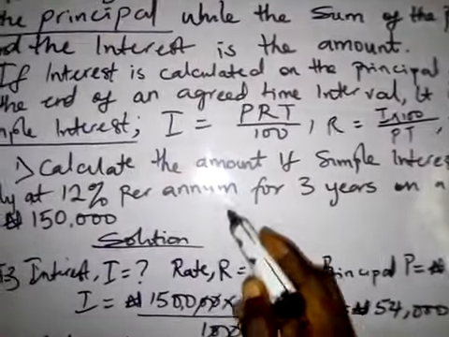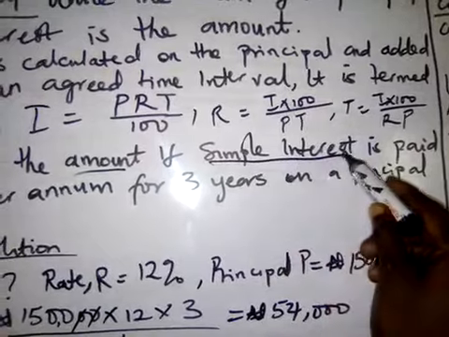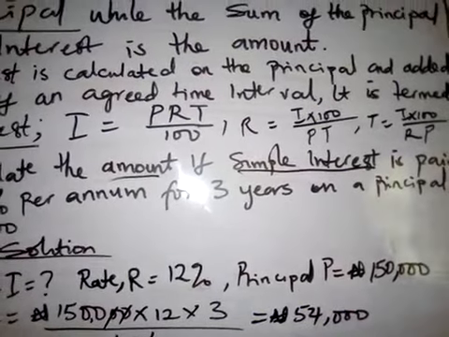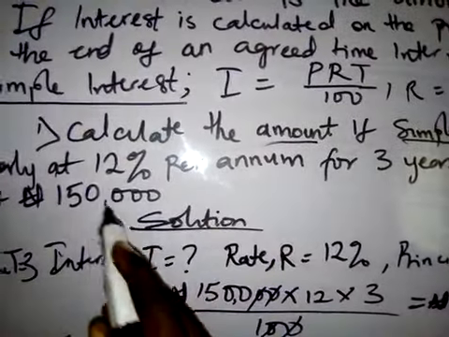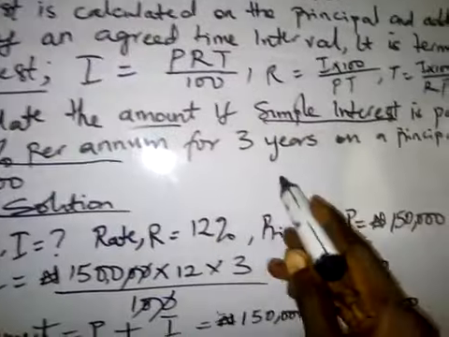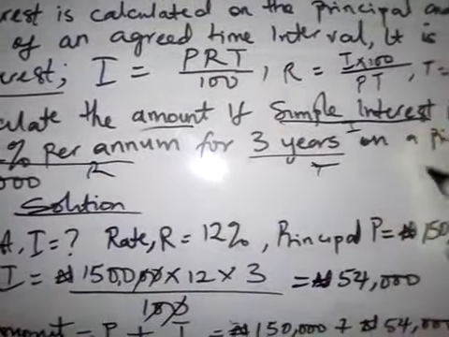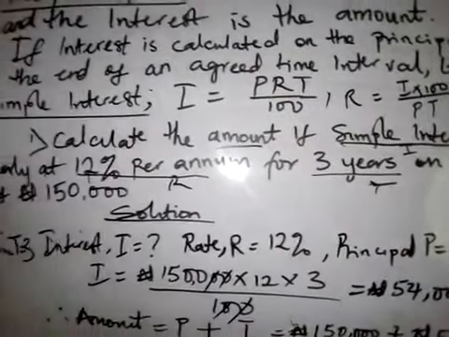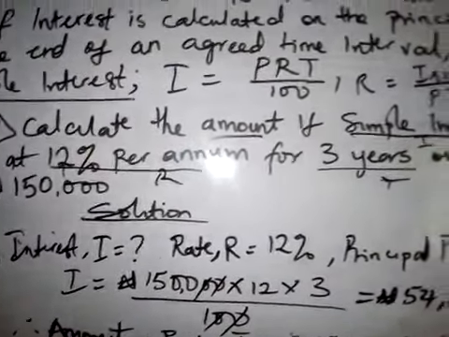What that means is that we have the amount, and we have the simple interest, which is represented with I, which is PRT over 100, and is paid yearly at 12% per annum. This is the rate, and this is the time, T. This is the rate, and this is the interest. And the amount is what? I told you that the amount will be the principal plus the interest. That is the amount.